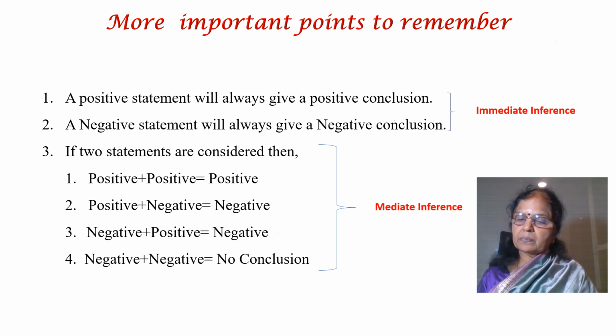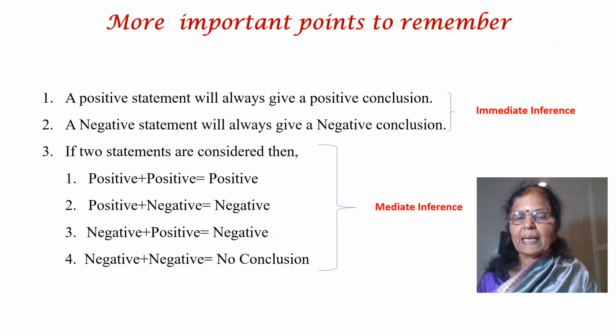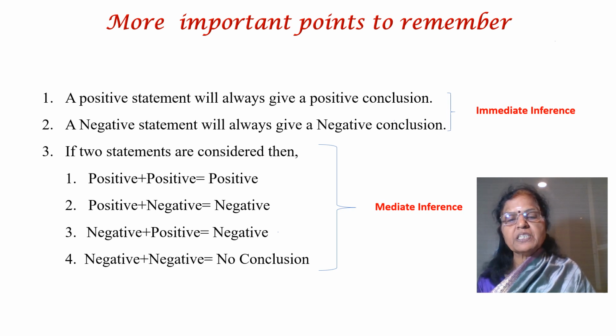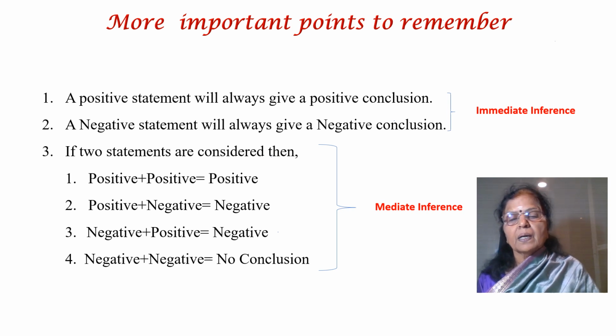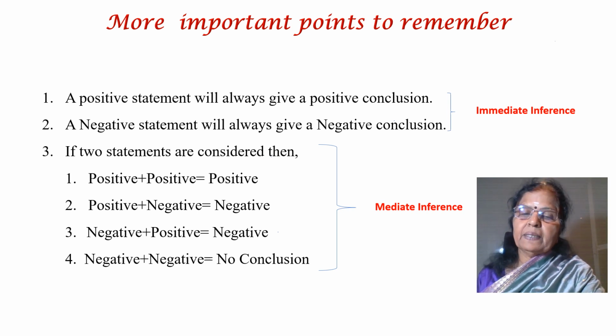If the given statement is of the positive type, whether universal positive or particular positive, then your conclusion will always be a positive one. And if the statement is negative, then your conclusion will be negative.